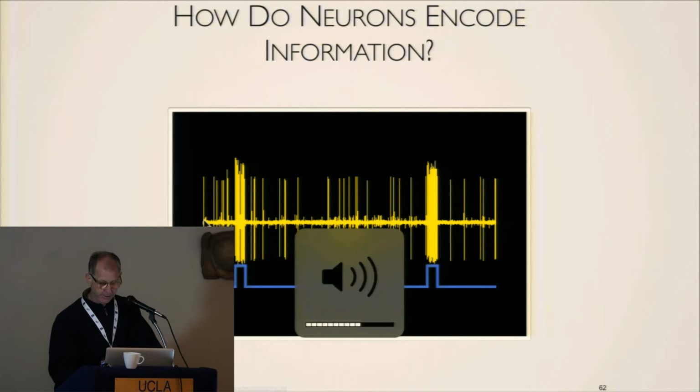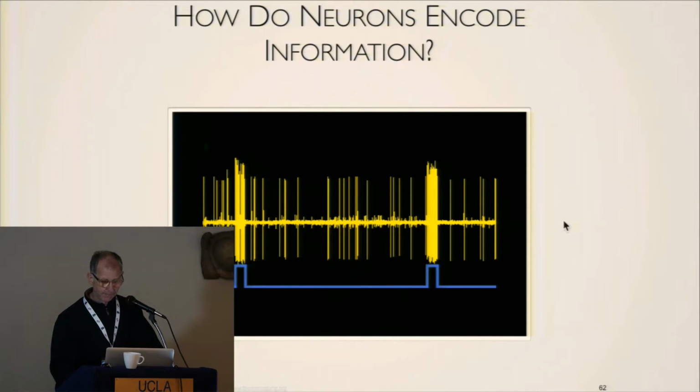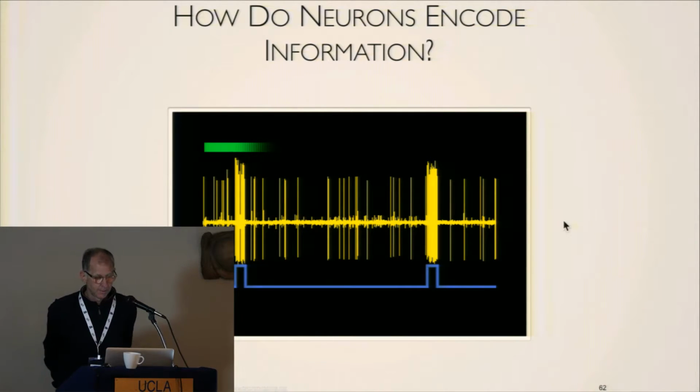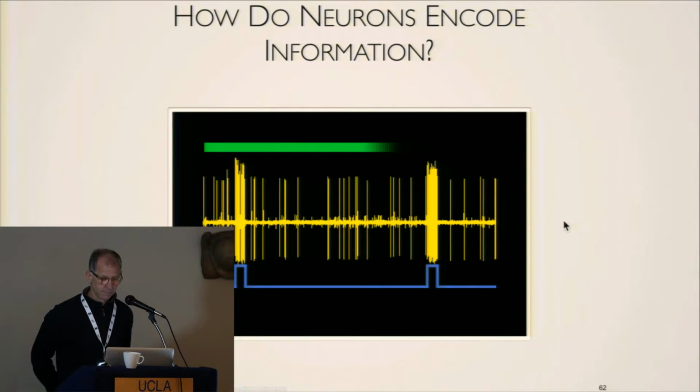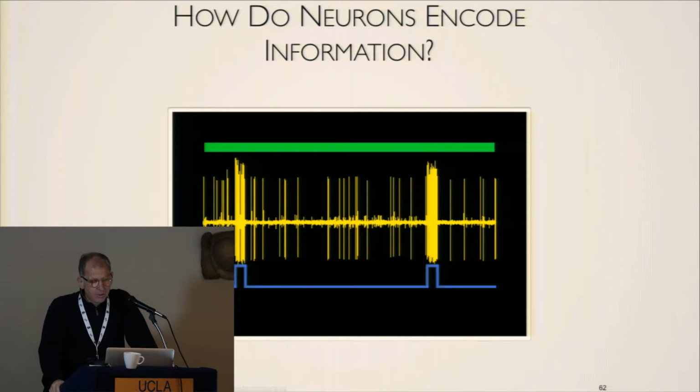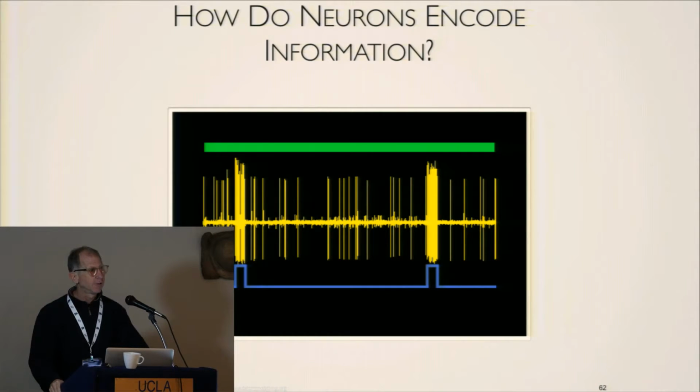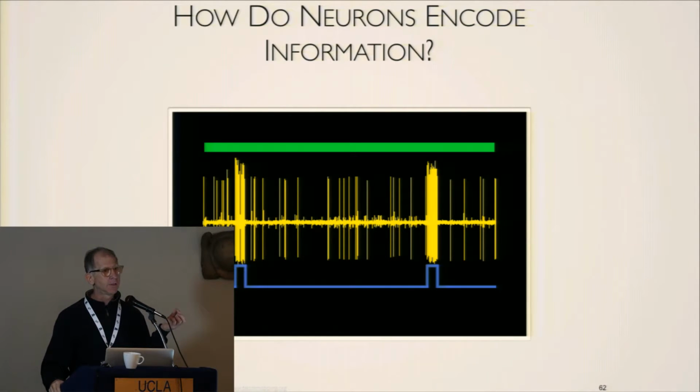And so here we'll just do it in real time. So what you're obviously hearing is that the neuron fires more action potentials during the time that stimulus is on. And so the rate at which this firing occurs is thought to be one of the principal ways in which the brain carries information through action potentials.